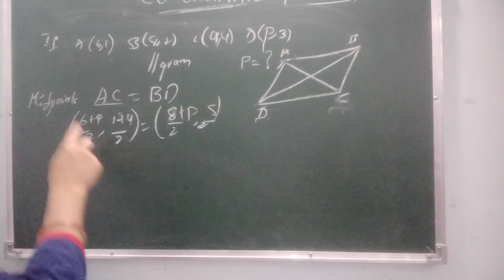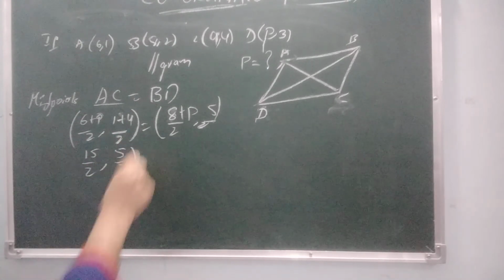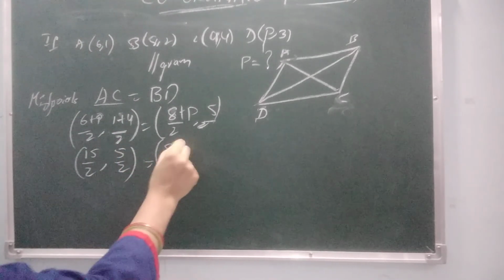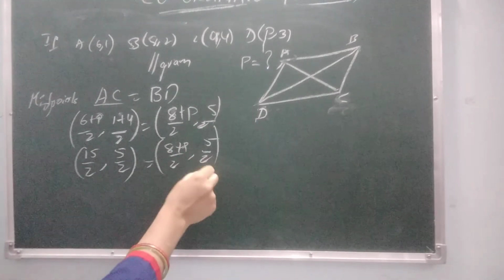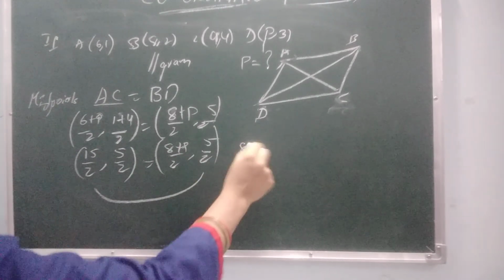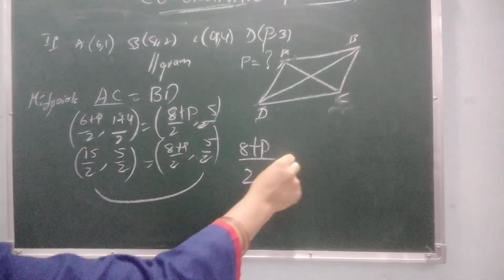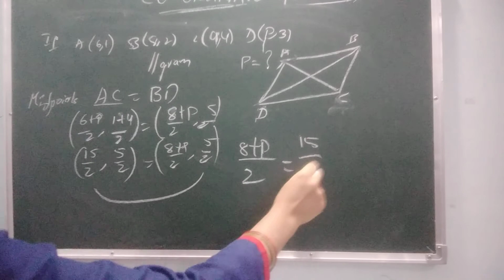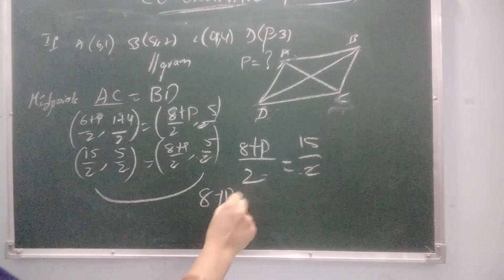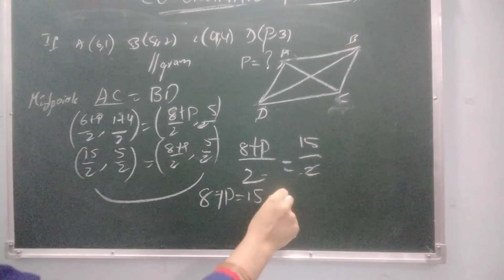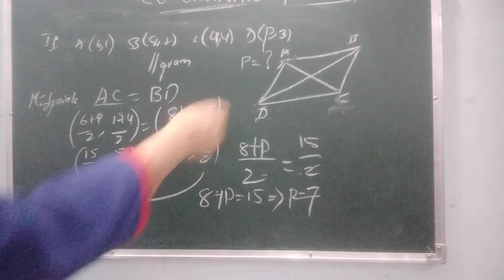That means 15 by 2 comma 5 by 2 equal to 8 plus P by 2 comma 5 by 2. 8 plus P by 2 equal to 15 by 2. So the 2s cancel. 8 plus P equal to 15. Then P equal to 7. Okay, what is our P? P equal to 7.